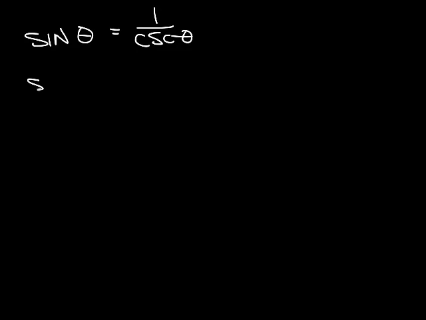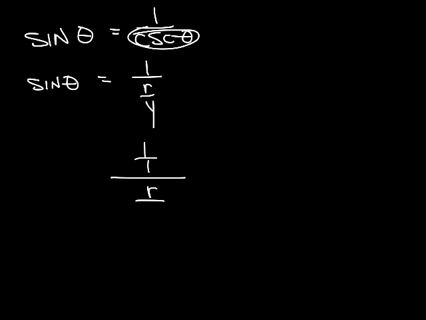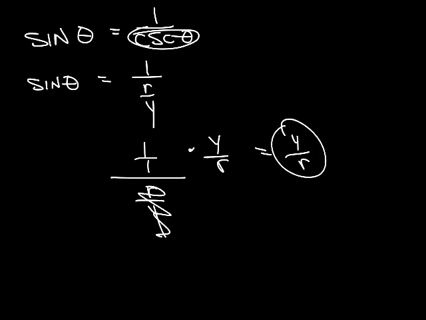And the way they got that is the sine of theta equals 1 over, well, the cosecant of theta is r over y. So I just replace cosecant of theta with r over y. Now if we take this as a fraction, 1 over 1 over r over y, and we invert and multiply, we get y over r.